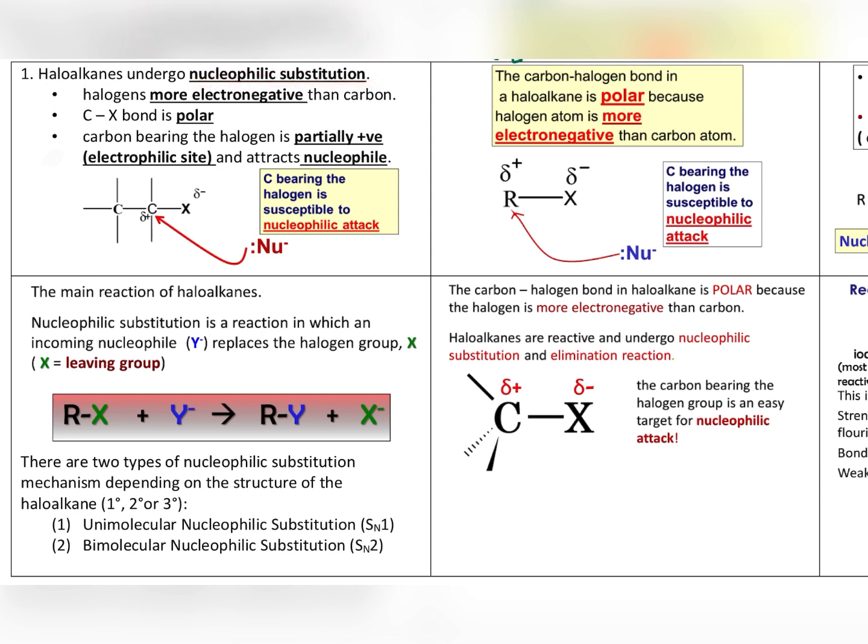Why? Because kalau kamu tengok dia punya bond, okay, dekat sini, let's say you have, this is your alkyl group lah, alkyl group R, any alkyl group, and then X sini adalah your halogen. So, X here is your halogen.